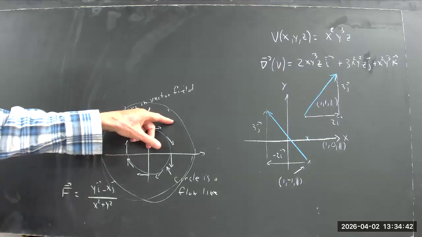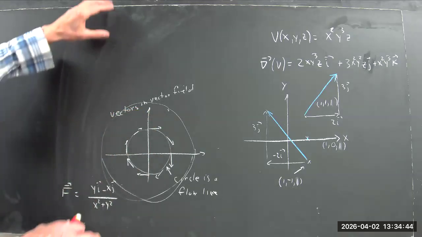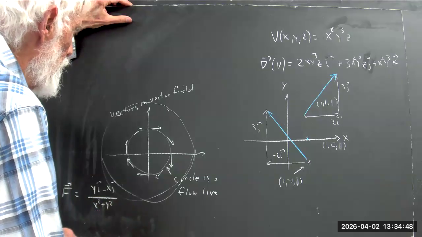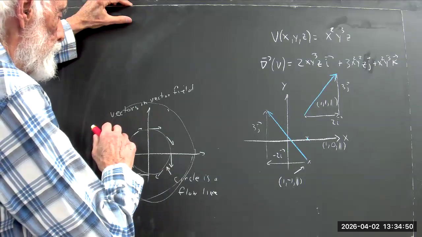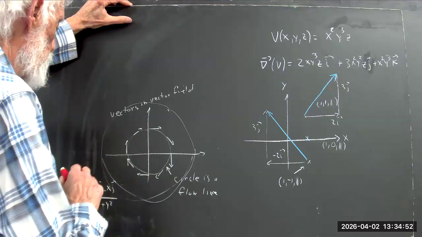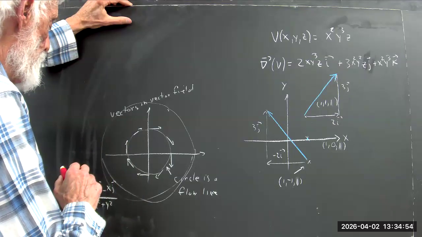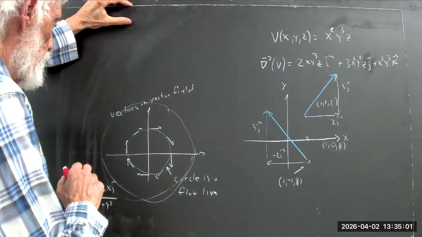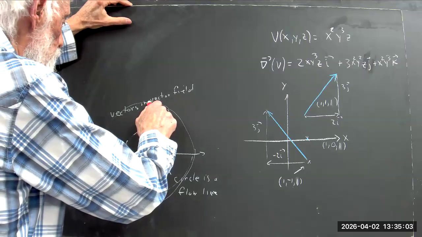So if we go out to this circle, you don't have to be able to do that, but if you go out to this circle, that's going to make every vector the reciprocal square root of x squared plus y squared.